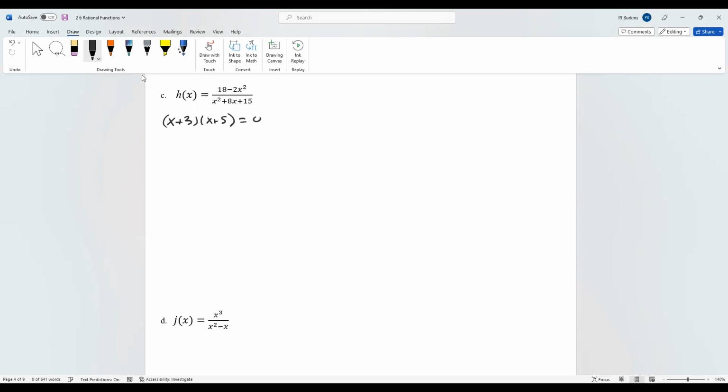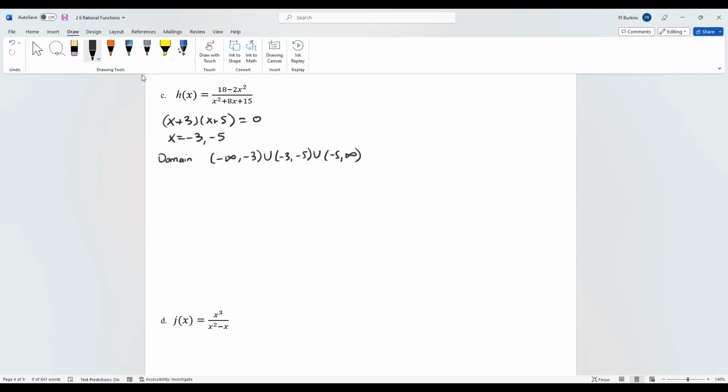Now, remember we set this to 0, and so each one of these set to 0 is going to give me -3 and -5. So my domain is all real numbers except for -3 and -5.